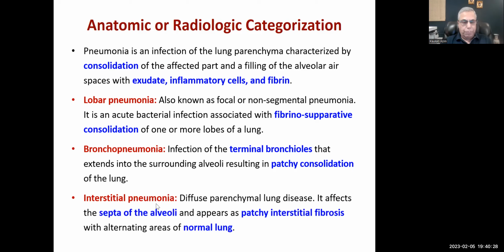Interstitial pneumonia means inflammation of the walls of the alveoli and the extracellular matrix.